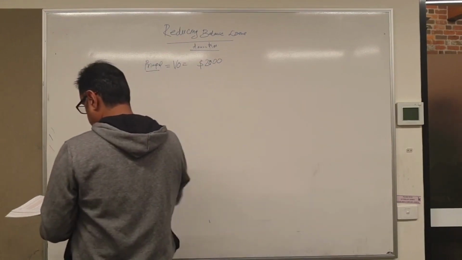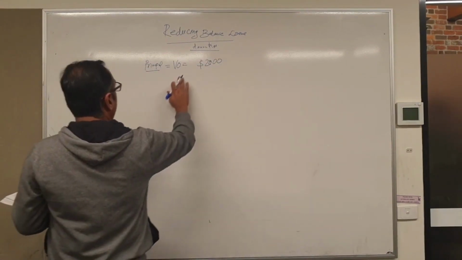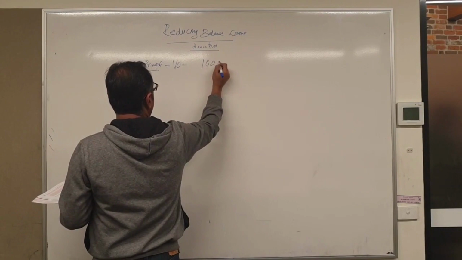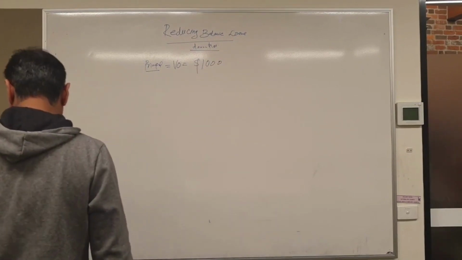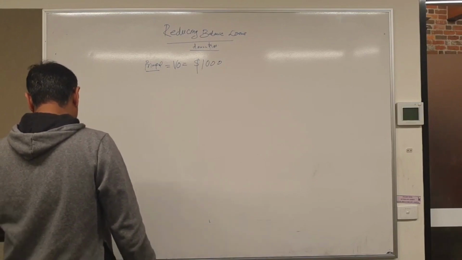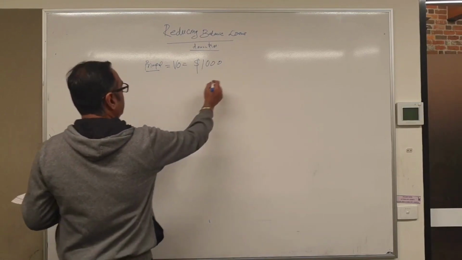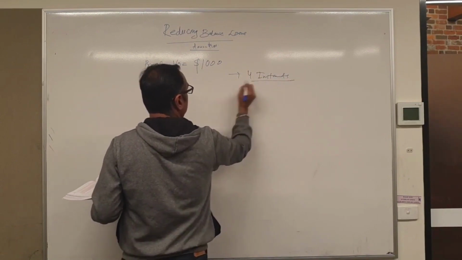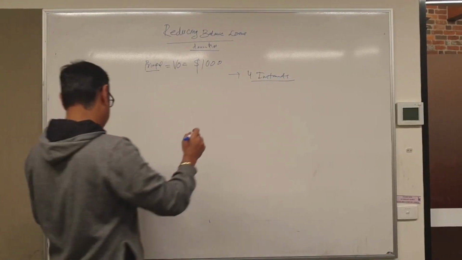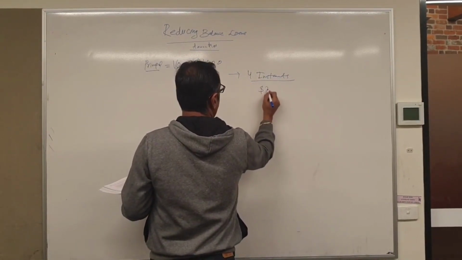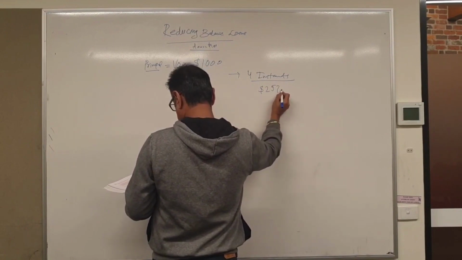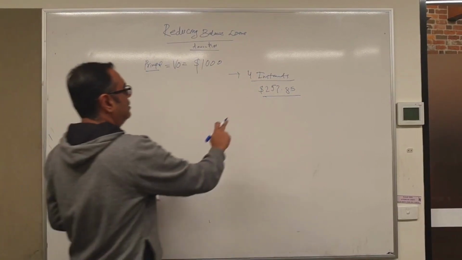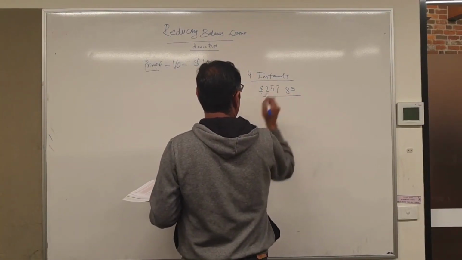Now scenario change, you bought something for $1,000 and you have to pay it back in 4 installments of 257.85. So that's your, let's say, monthly repayment.